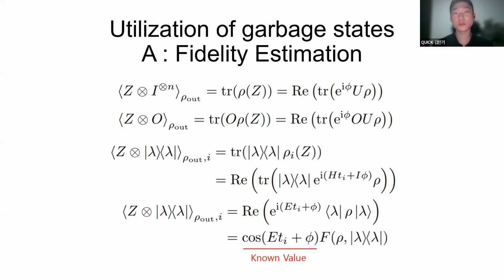Once again, we assume that |psi> is a pure eigenstate of H with known eigenvalue E. We get this formula, the last one, which separates into two terms. You can see the real part is separated into cosine terms and F terms. With this result, we can evaluate how much error occurred.